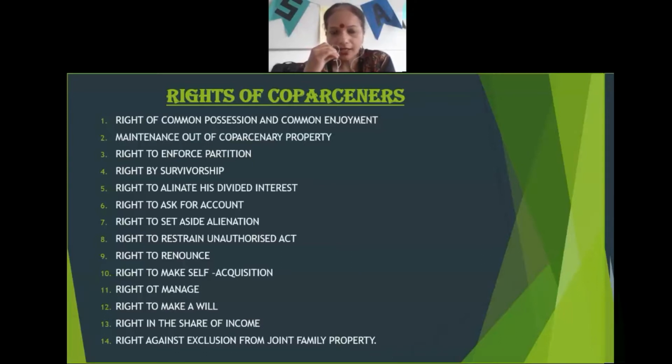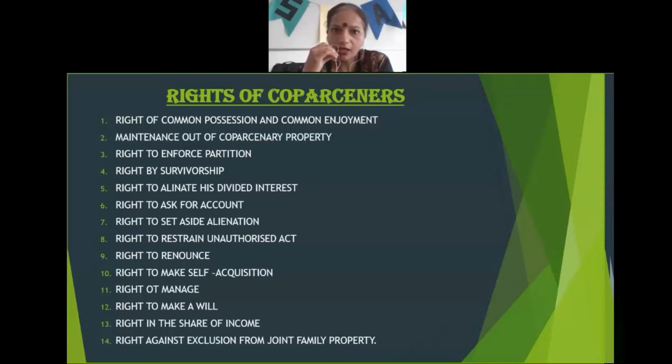Another right is maintenance out of the coparcenary property. Apart from the dependent members in the family, the coparcener too has a right not only to claim the coparcenary property as a matter of right by virtue of birth or by virtue of the death of another coparcener, but also, if he is dependent on the income of that property, to claim a right of maintenance out of the coparcenary property.